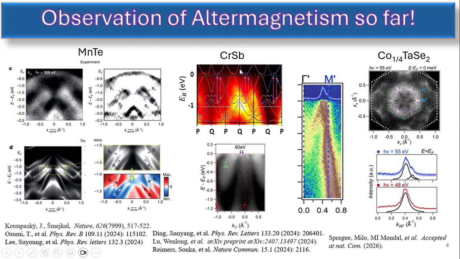Another material is CrSb, chromium antimonide, which has a larger spin polarization, around 600 meV, and it also shows the g-wave nature of ultramagnetism.